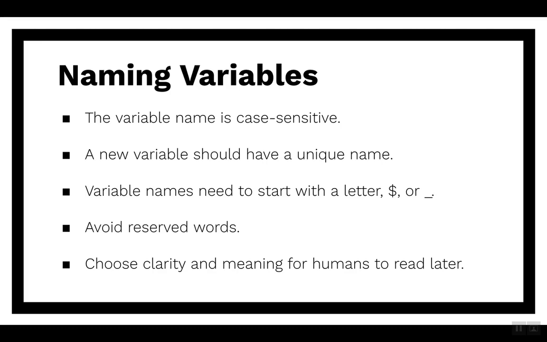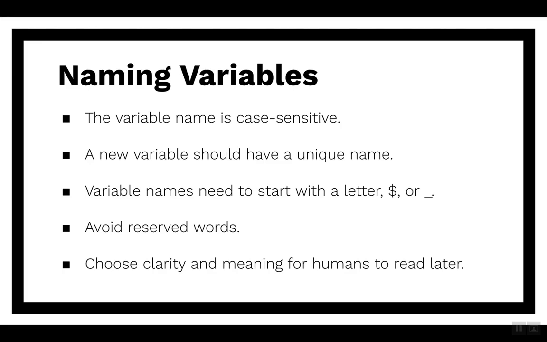So you have to avoid using the reserved words. A reserved word can be, for example, this. A reserved word can be if or else. We are not allowed to use those words while declaring a variable.